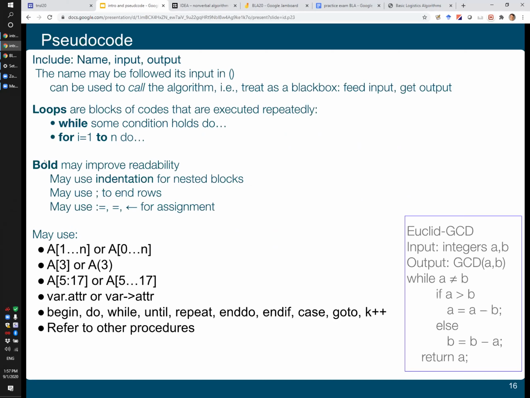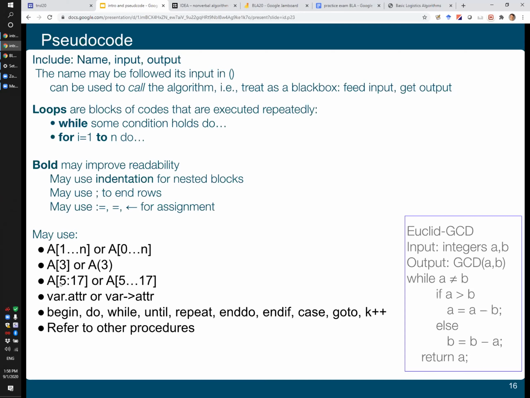You can use bold and italic and indentation to emphasize things, in particular to show where the loop starts and ends. It doesn't matter what you use for the assignment: colon equal, just equal, or an arrow. If you want, you can go MATLAB style and use semicolons to end the rows, but you don't have to do that. When you're indexing arrays or matrices, you can use square brackets or parentheses, it doesn't matter.